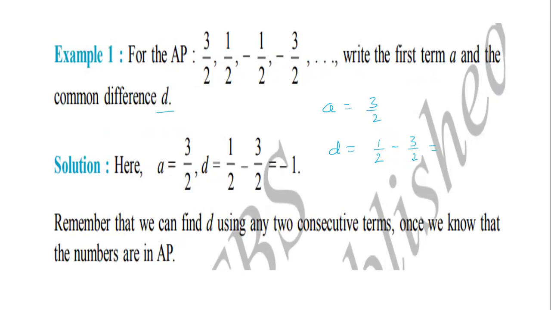Here the denominator is the same, therefore put denominator 2 as it is. 1 minus 3 is minus 2, so minus 2 by 2 is minus 1. Common difference D is equal to minus 1.